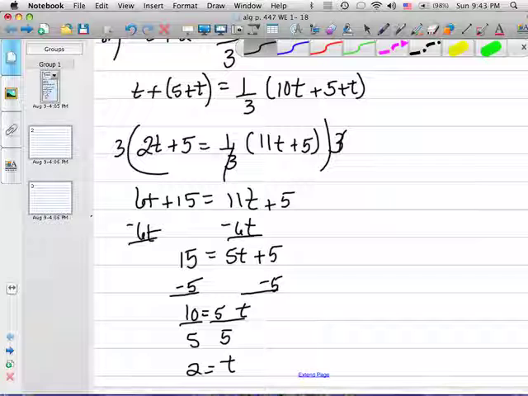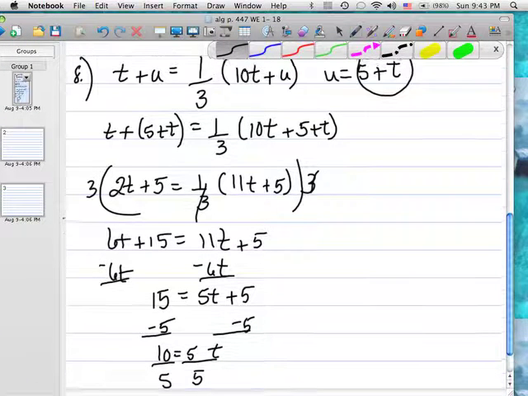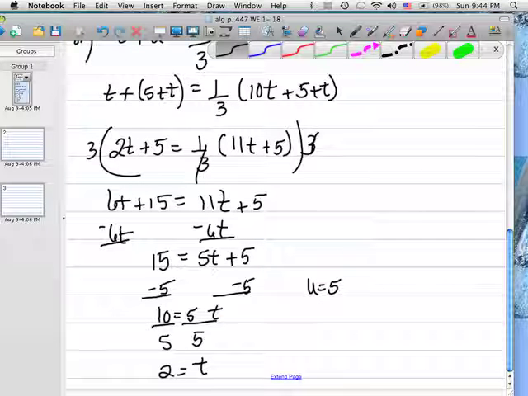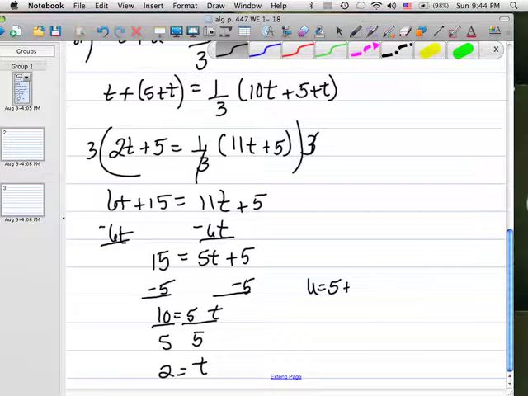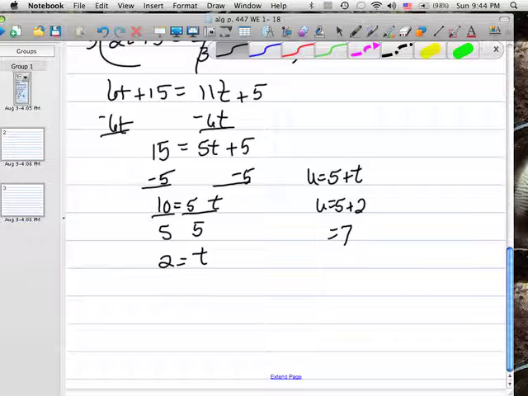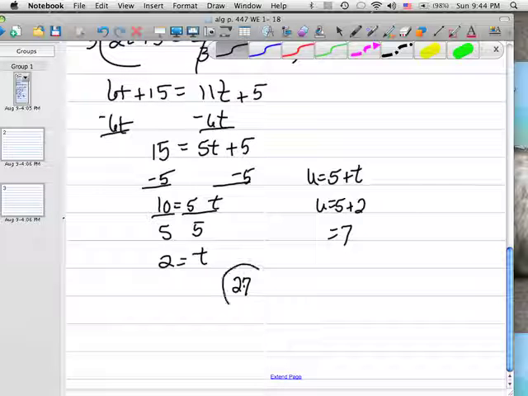And I go back and plug it into U equals 5 plus T. So U equals 5 plus 2, which is 7. So what was my number? The tens digit was a 2, and the units digit was a 7, so the number is 27.